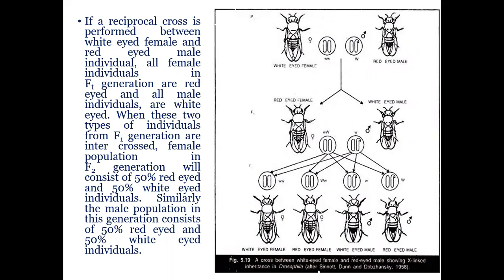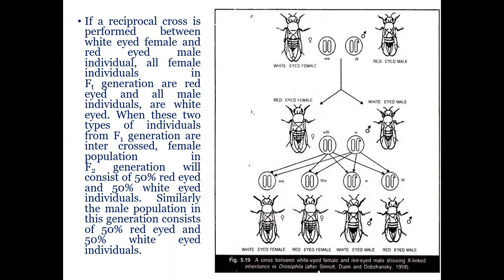So in explaining this inheritance of white color in Drosophila, it was assumed that the gene for white eyes is located in the X chromosome only, and that the Y chromosome does not carry the normal allele for white. The white-eyed female crossed with a red male transmits an X chromosome carrying the gene for white to each offspring.